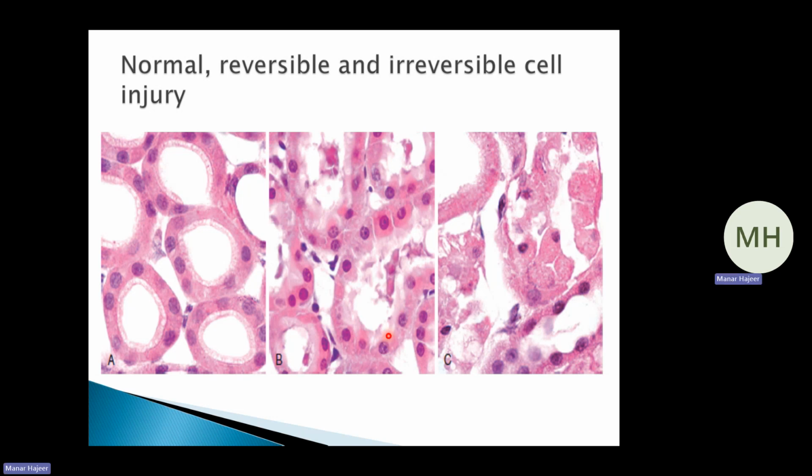The nuclei, as you can see, are still intact. And in the last picture, we have loss of the nuclei in the cells. We have cells that are left with eosinophilic cytoplasm that is disrupted because the cell is also ruptured here. We have loss of the DNA or the nuclear material.